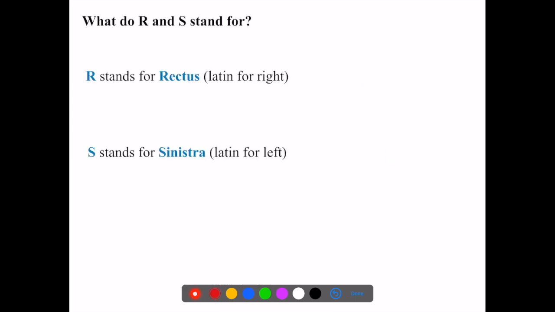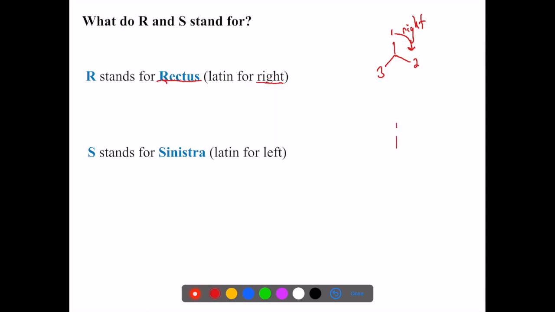So what do R and S stand for? Well, they come from Latin. So R is rectus, which is Latin for right. And so the idea is if you put the low priority group in the back, if you think of starting here at 12 o'clock and you go clockwise, it's going to the right.